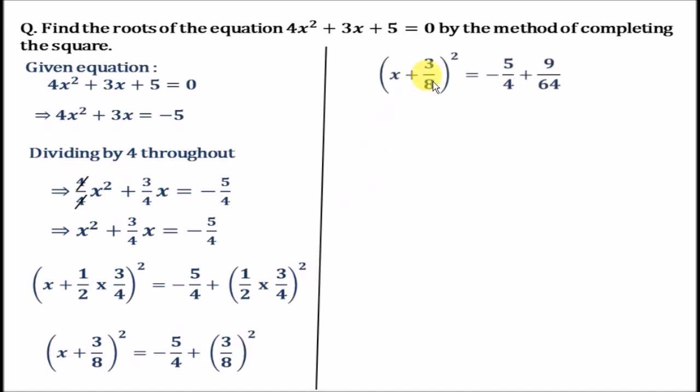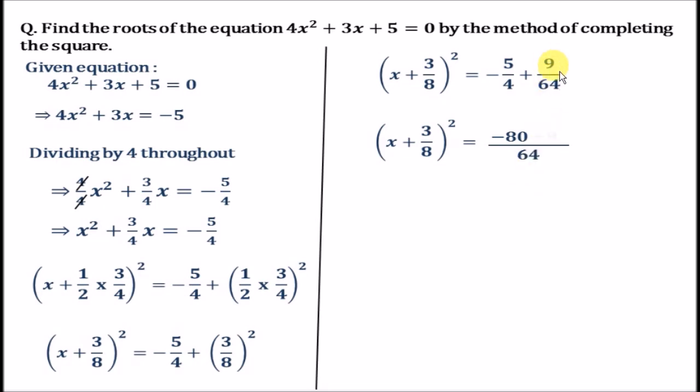x plus 3 by 8 whole square equals to minus 5 by 4 plus 3 3s are 9, 8 8s are 64. The LCM of 4 and 64 will be 64 and 4 16s is 64. Multiplying 16 with minus 5, we will get minus 5 into 16 as minus 80 plus 64 ones are 64.